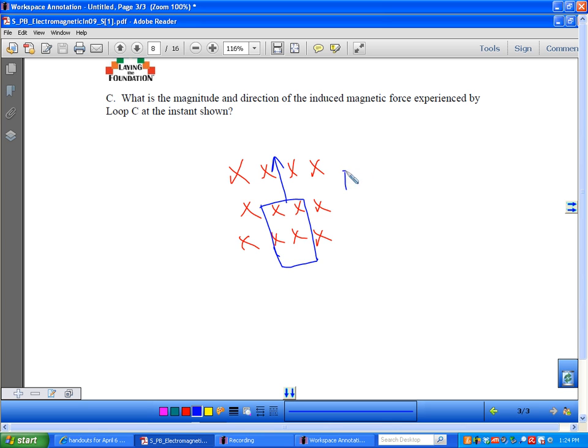So they want to find the force. Well, F is equal to BIL sine theta. Theta is the angle between the field and the motion. Okay, so it's a right angle, so that's a sine of 90. My B was given to me as 0.40 Tesla. My current we figured out was 0.36 amps.